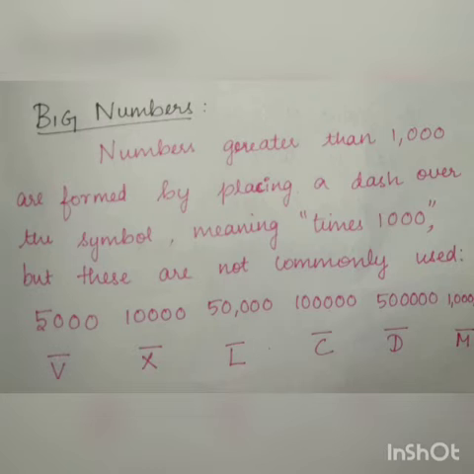If you delete 3 zeros, you will get 10. 10 is X. So X bar. If you delete 3 zeros from 50,000, remaining is 50. 50 stands for L. So L bar. So the dash denotes 3 zeros. So for higher values, you will place a dash over the symbol, mainly for the multiples of thousands.